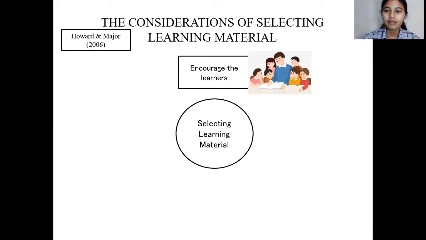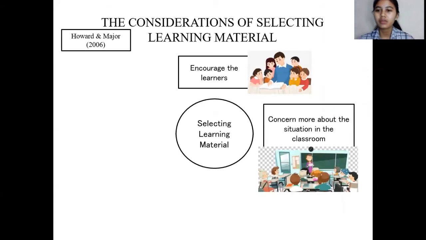The learners have different abilities, different learning skills, and different learning interests. So the teacher should concern more about the situation in the classroom, including the age of the learners, the number of the class, how the learning process is usually managed, and the learning styles of the learners.